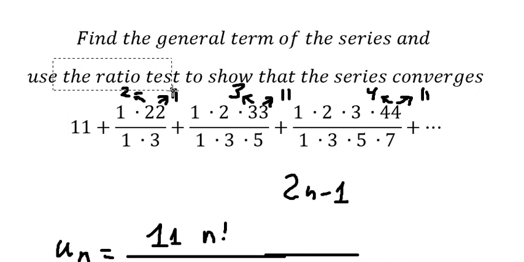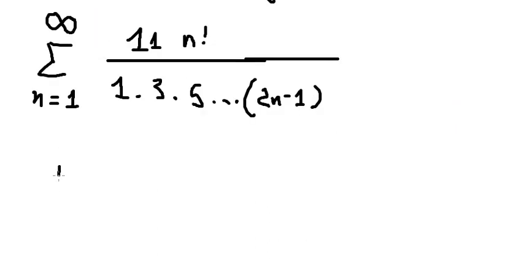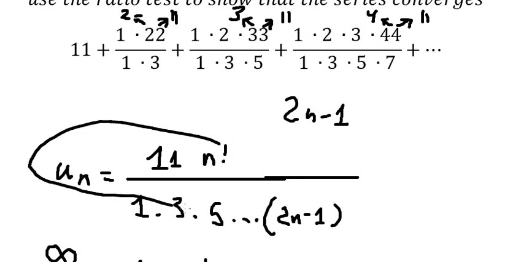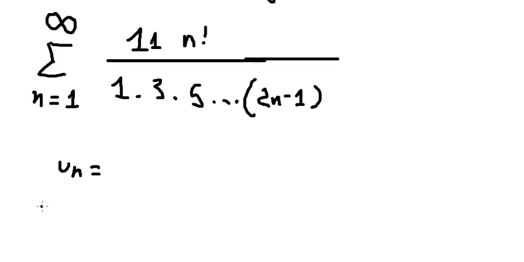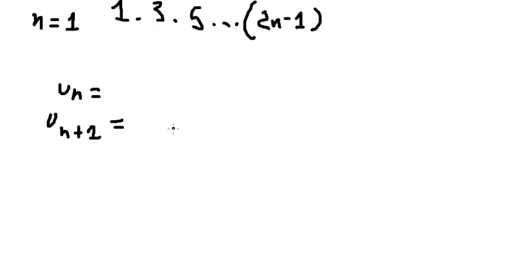Now we can use the ratio test to make sure whether the series is convergent or divergent. So we have un. That is this one. Now let's go to un plus 1. So that means we put n plus 1 here and here. So we have it like this.